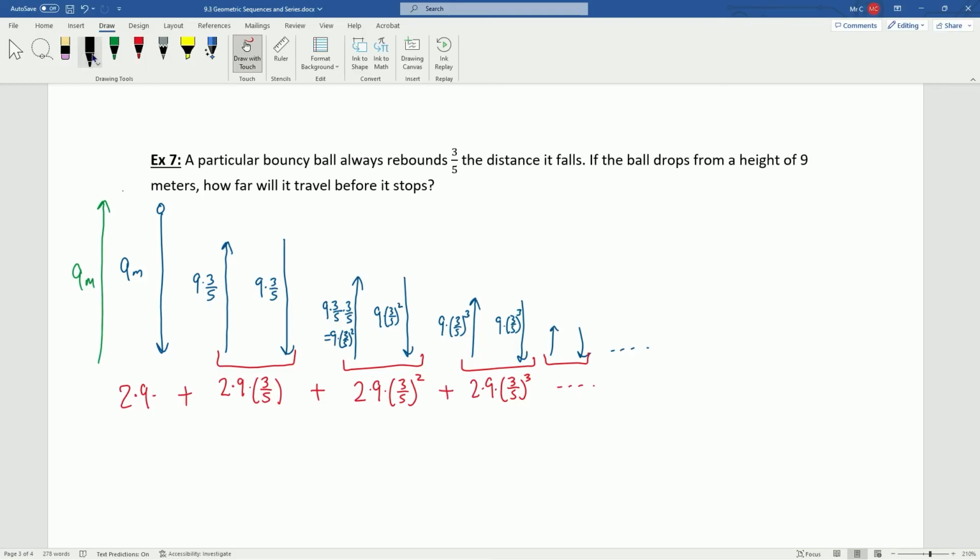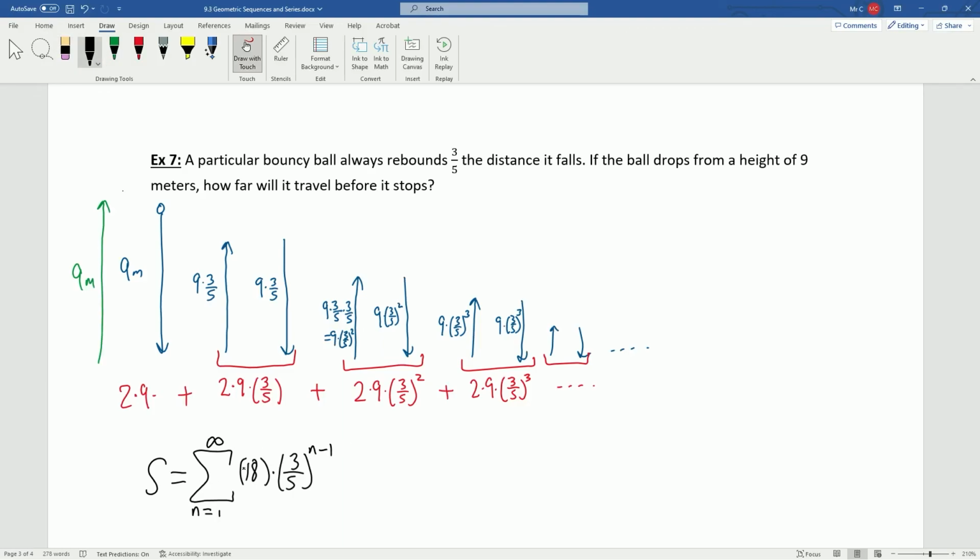So let's figure out how to write our sum. Our sum that we're dealing with here is the infinite sum, where the first term is 2 times 9, that's 18, times 3/5 to the n minus 1 power, because I'm using n as my subscript.